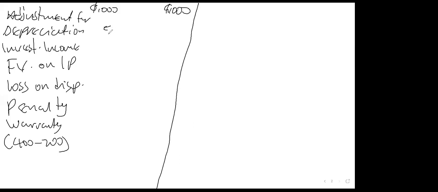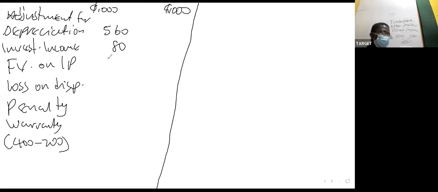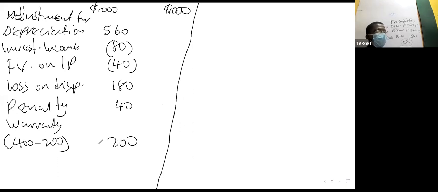Depreciation is 560. Investment income was 80. Fair value gain was 40. We are subtracting these two. Loss on disposal was 180. We're adding back. The penalty was 40. We're adding back. Warranty provision is also 200. We're adding back. Agreed. So let's add all of them.